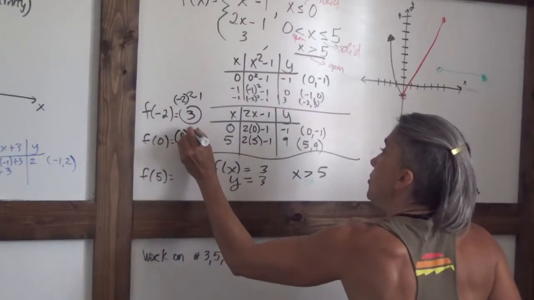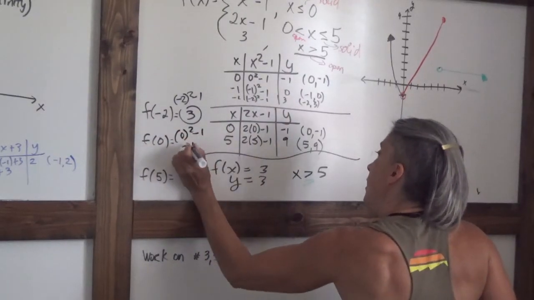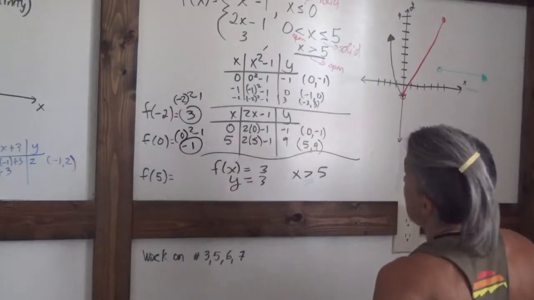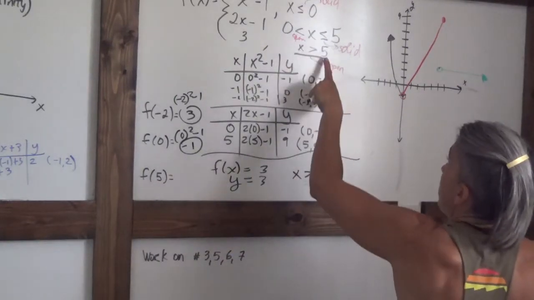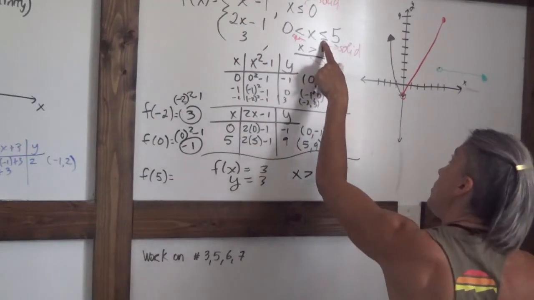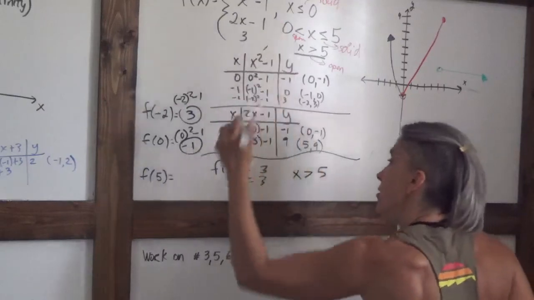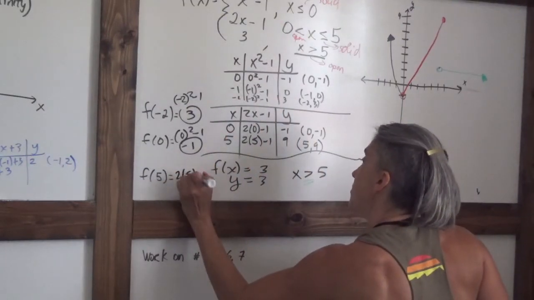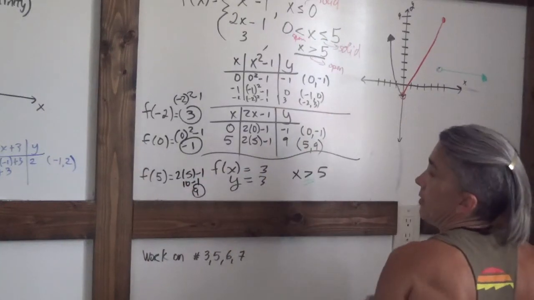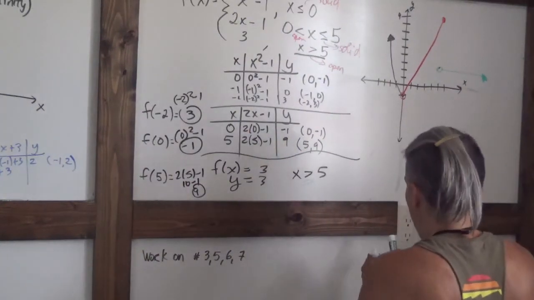So I'm going to do 0 squared minus 1. I get negative 1. And then which one has f of 5? Well, look, we have 5 here, we have 5 here. Which one actually includes the 5? Well, it's the one with the equal sign, so it's this equation here. So I'm going to do 2 times 5 minus 1, which I think we did already. 9, yeah. So those are the answers for number 4.